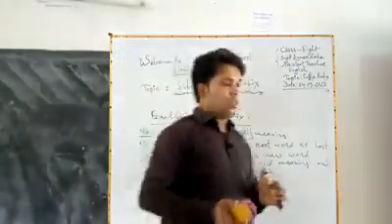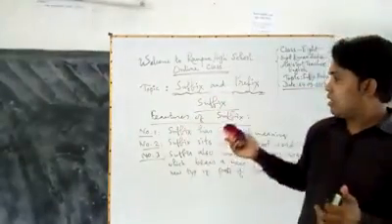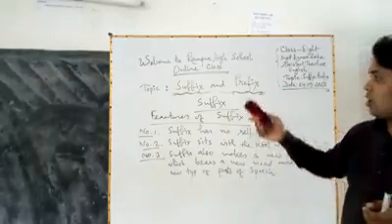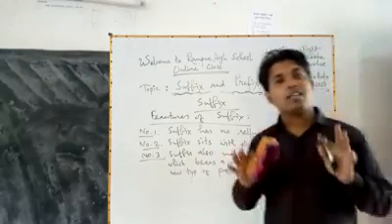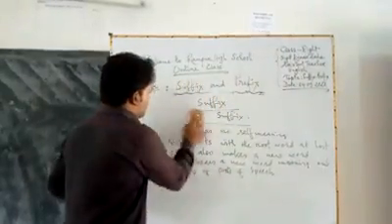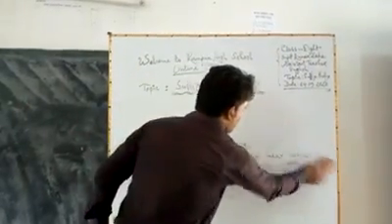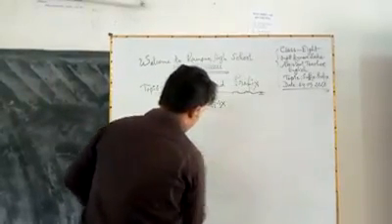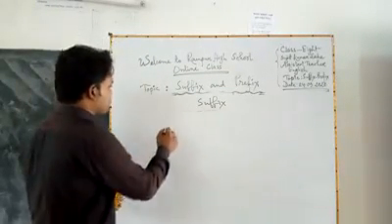I hope you all understand the main features of prefix and suffix, and what is prefix and what is suffix. Now I give some examples of suffix. Follow the board.